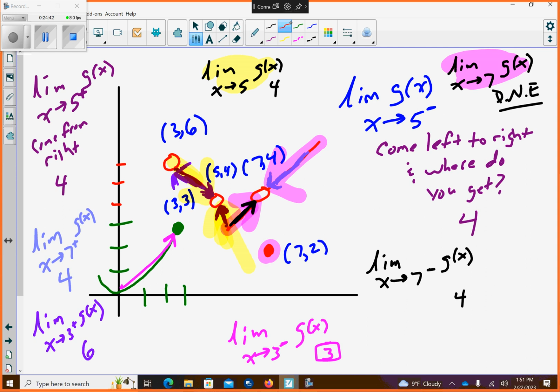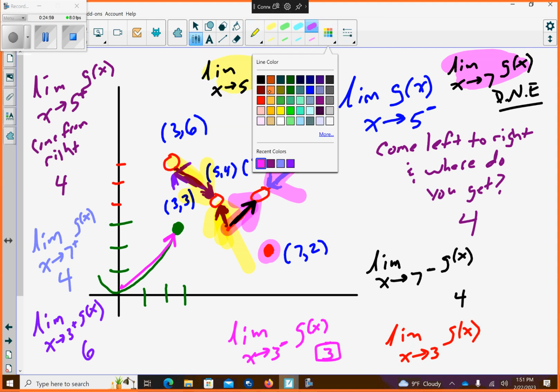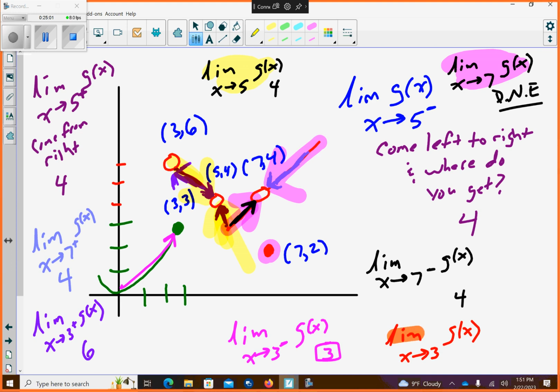And then let's see, red. Let's do this one. So the limit as x approaches 3 of g at x. So again, this one doesn't have a plus or minus on it. Highlighter, orange. So do this one in orange.